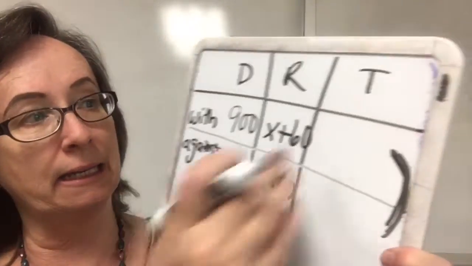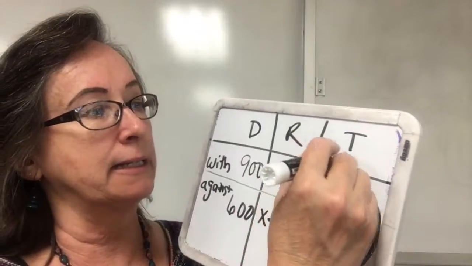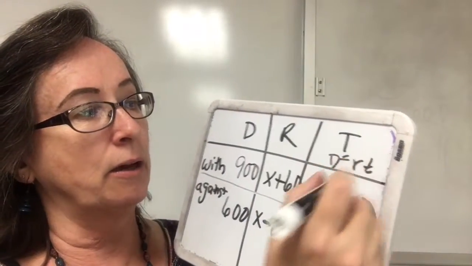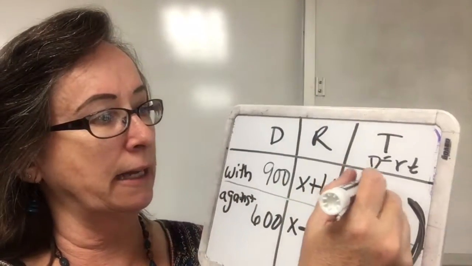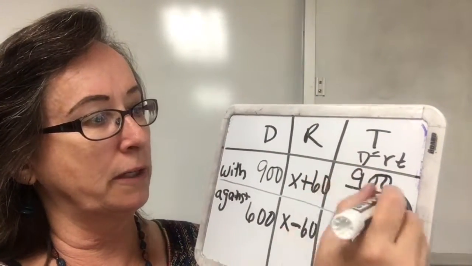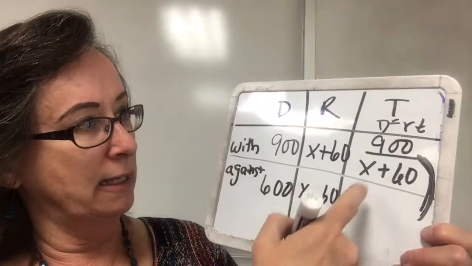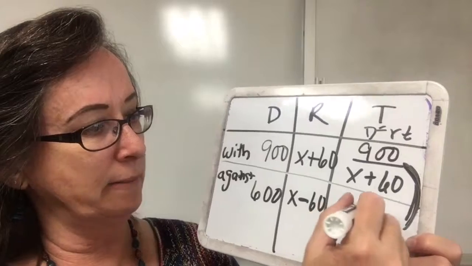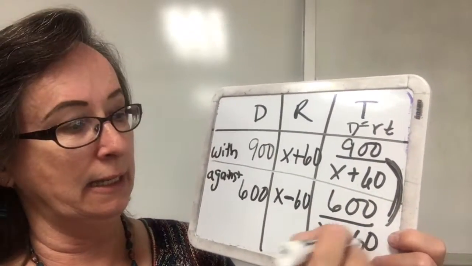Okay, and again, we have an empty slot here for our time, and distance is rate times time. So time is d over r. D over r is 900 over x plus 60, and d over r is 600 over x minus 60.